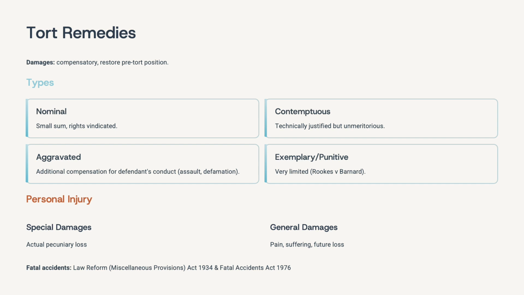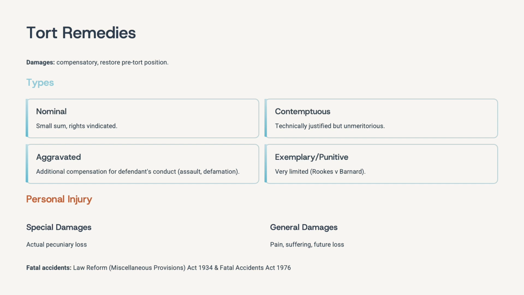Tort damages are a bit like rewinding the clock. They restore the claimant to the position before the mischief. We have nominal damages, basically a polite "you're right, well done," and maybe a fiver high five.